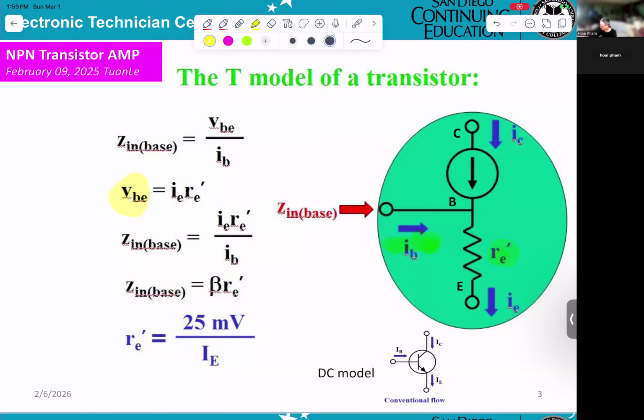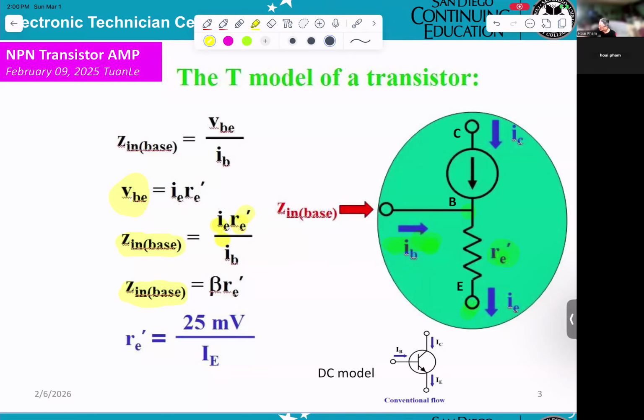You know the VB, that means from the base to the ground, will be IE times r'e. So Z in base will be equal to IE times r'e divided by IB. Then Z in base will be equal to beta times r'e.